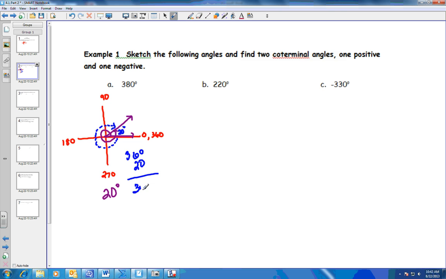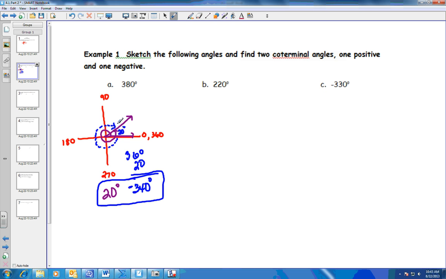So you see it's 340 but in the negative direction. Okay, so 20 degrees, negative 340 degrees, and 380 degrees are all the same angle. Those are all coterminal angles.